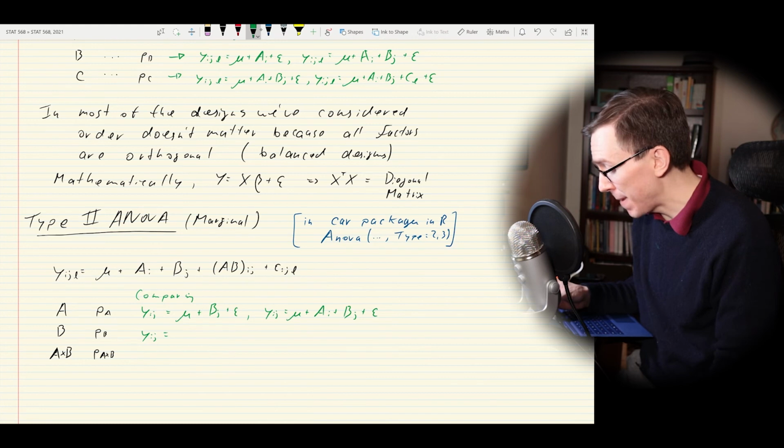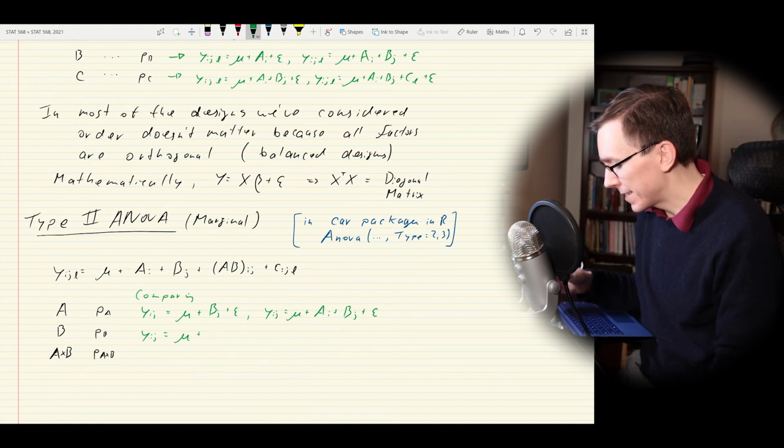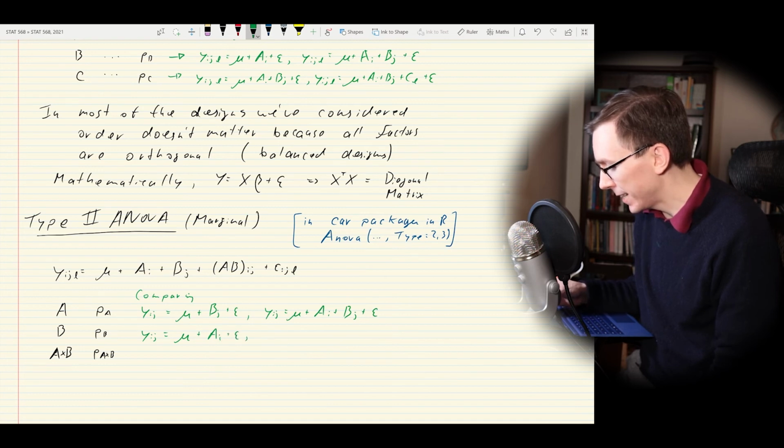Similarly, and kind of symmetrically, if I were to test this next row, I'm considering the model with Ai already in it, and comparing it to the model with both Ai and Bj inside.